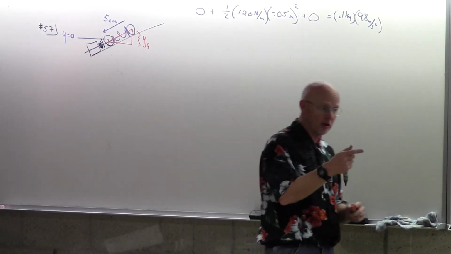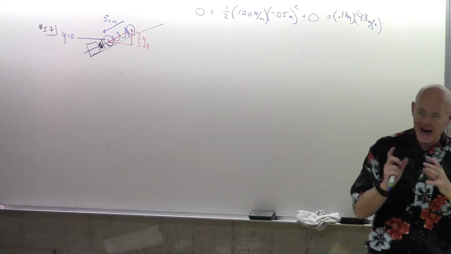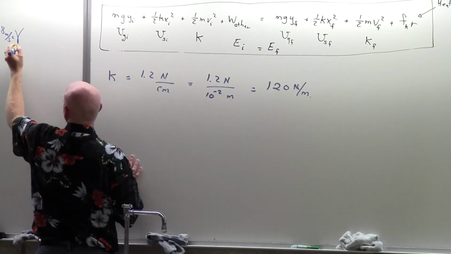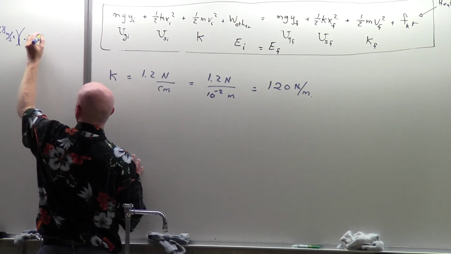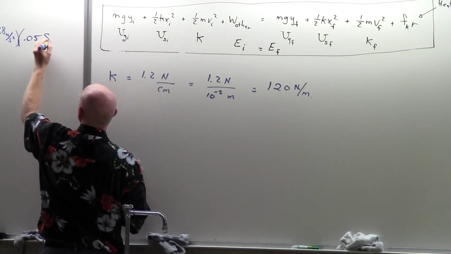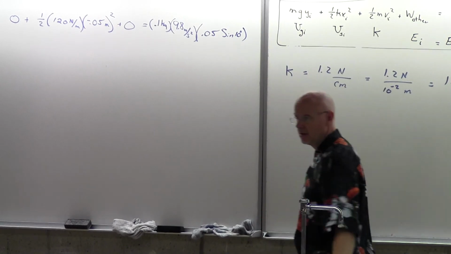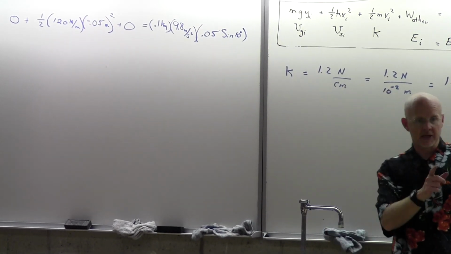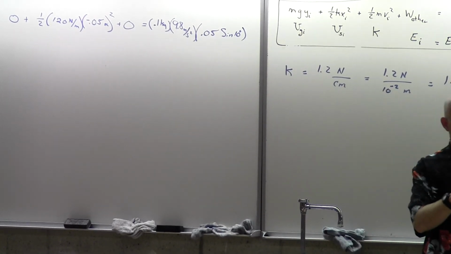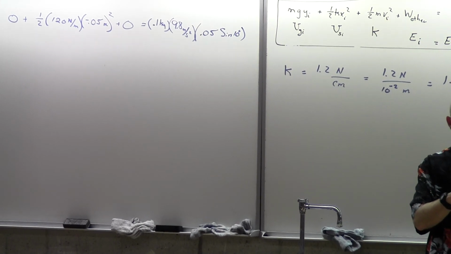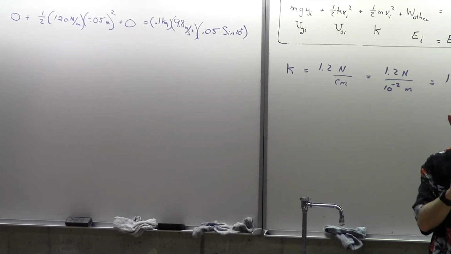So to get the vertical height, I would want the opposite of 10 degrees. So this comes out to be 0.05 sine of 10 degrees. Plus or minus? It's plus. Why?